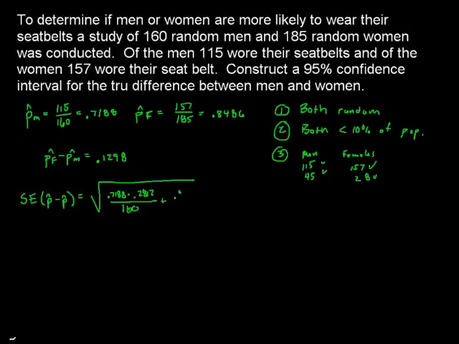The women were 0.8486 times the opposite of that, so 1 minus 0.8486, and that's 0.1514, divided by 185.